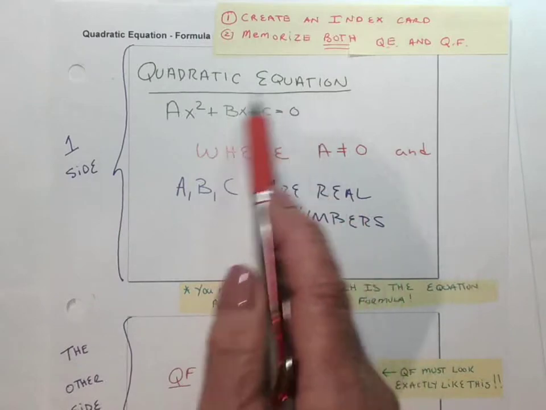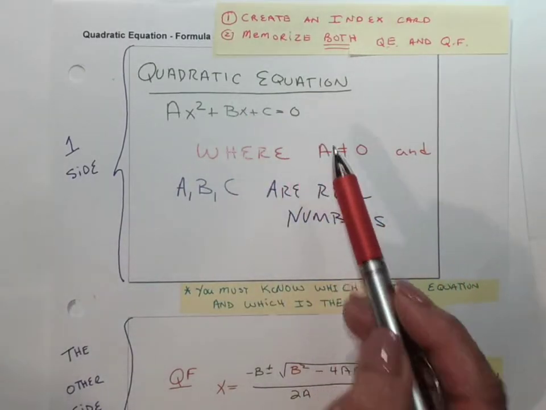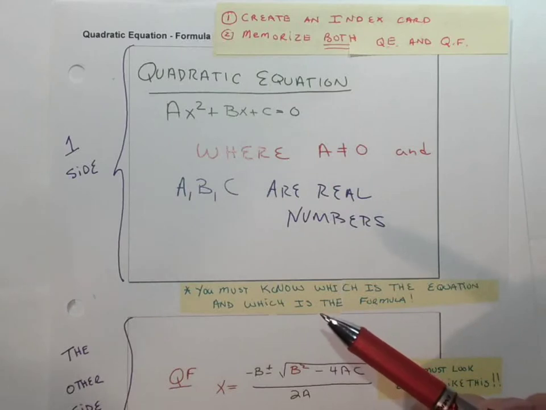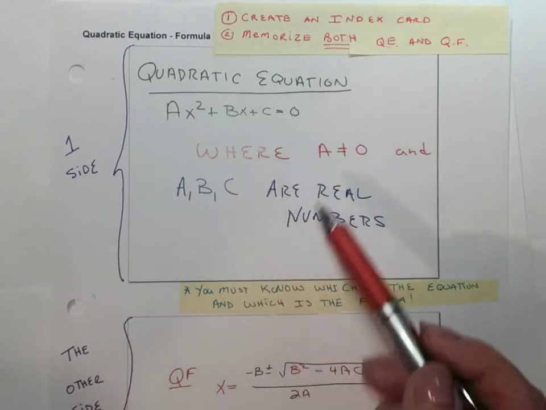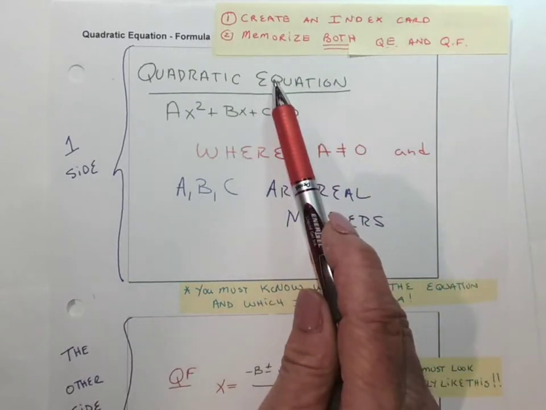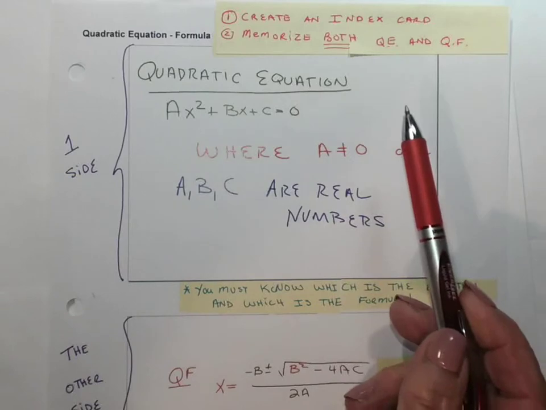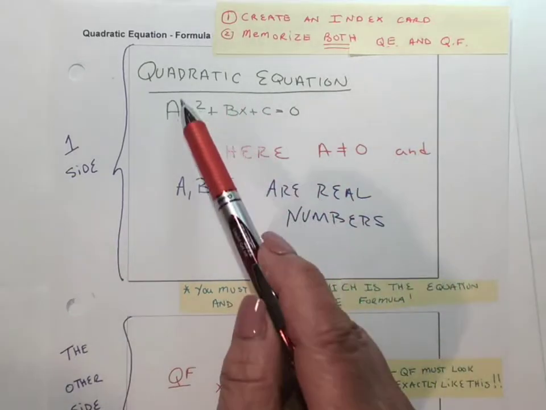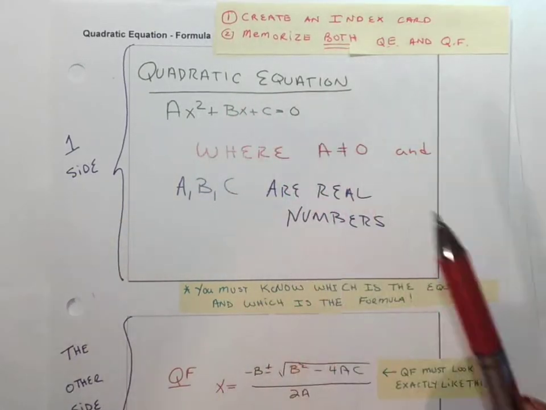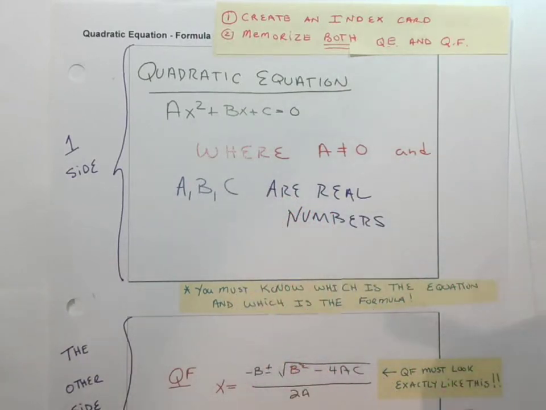So this is a quadratic equation. It's the easy one. QE, quadratic equation. And you must understand the difference between the quadratic equation and the quadratic formula. How they're linked is that the a, b, and c are the numbers that are going to go into the quadratic formula.